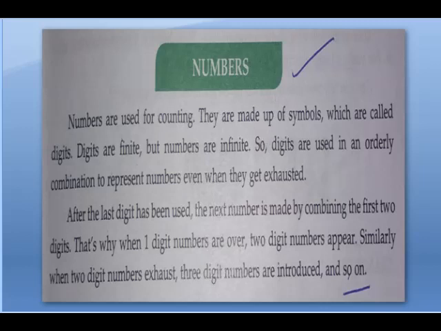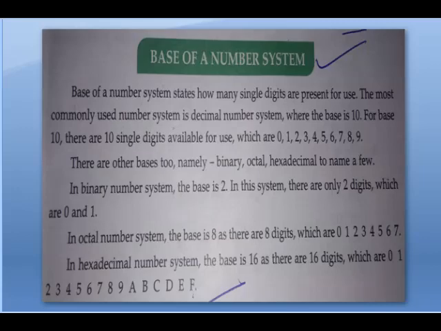Okay, next we are going to see the base of a number system. Base of a number system states how many single digits are present for use. The most commonly used number system is decimal number system, where the base is 10.